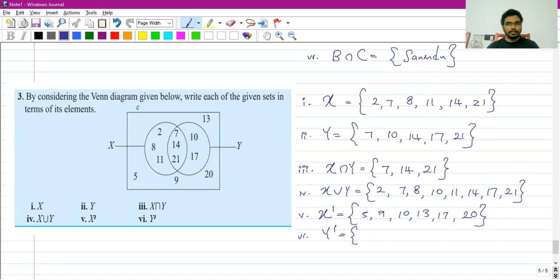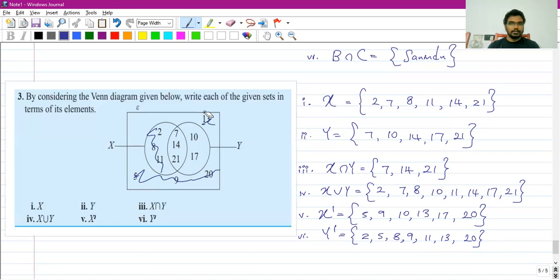You can write 2, 5, 8, 9, 11, 13, 20. Shall we see if it is correct or wrong? There are 7 elements, and yes, we have written 7 elements here. So this will be the answer for the third question.